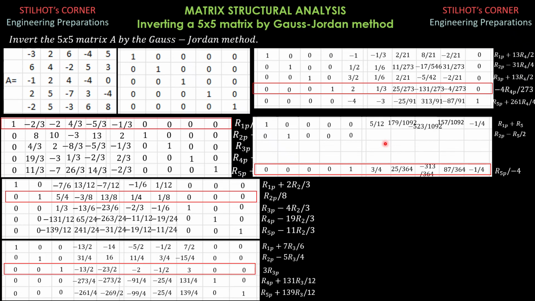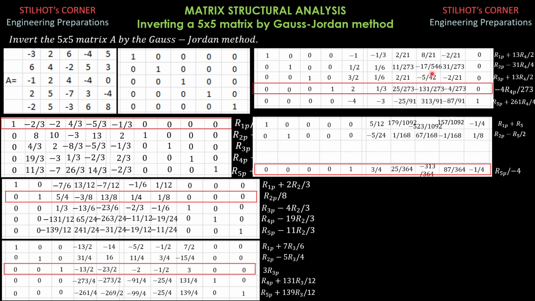That's negative 5 over 24. 11 over 273 minus 1/2 of 25 over 364, that's 1 over 168. Negative 17 over 546 minus 1/2 of negative 313 over 364. That's 67 over 168.